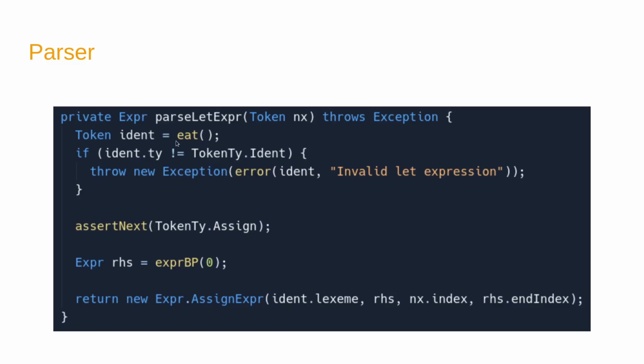It eats the identifier, checks if it's actually an identifier, otherwise it throws an exception. Then it makes sure that the next token is an equal sign, and finally it parses the expression on the right hand side. Again, this is an overview. You're not meant to fully understand it, but you can see how the thing that you want to parse pretty directly maps into how you actually write the code.